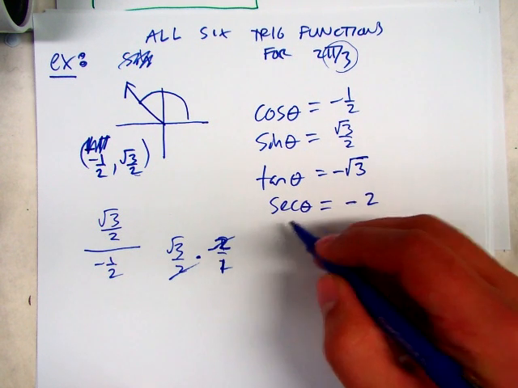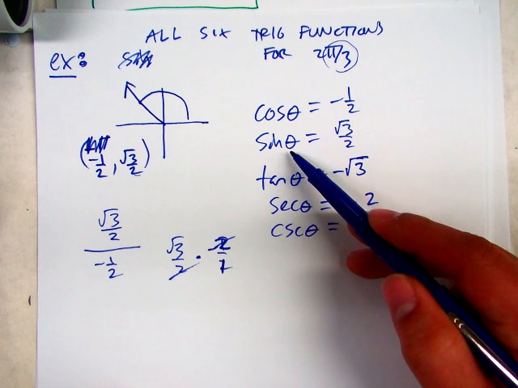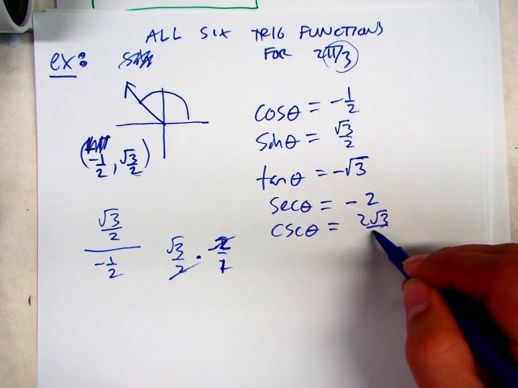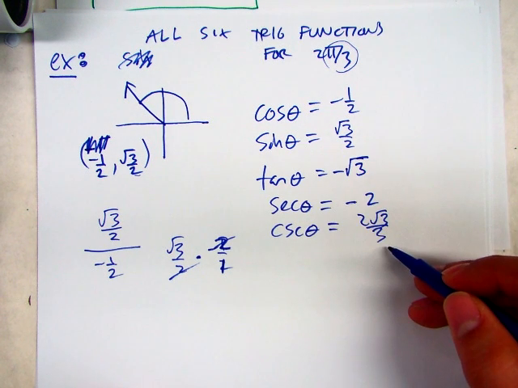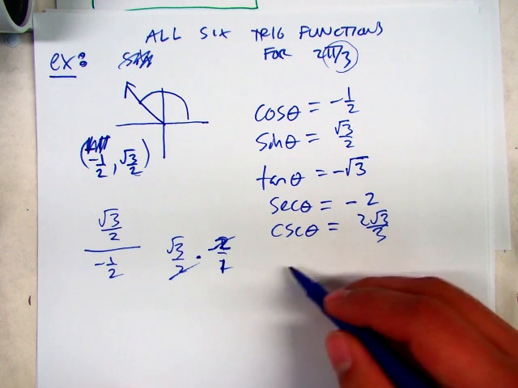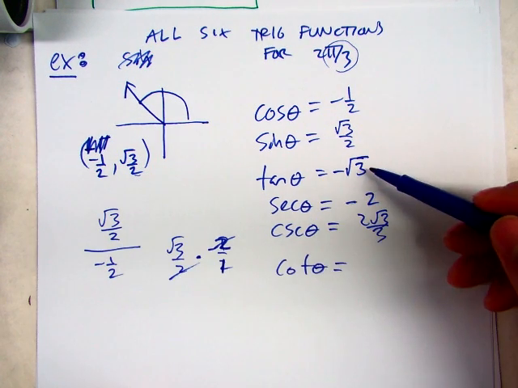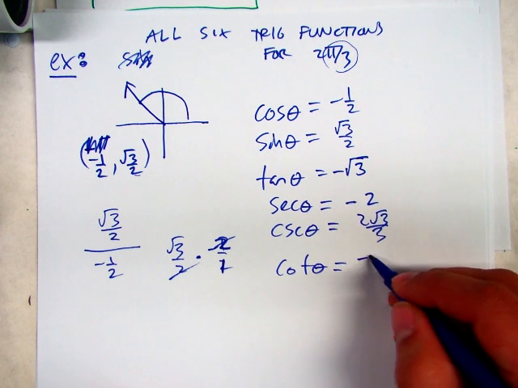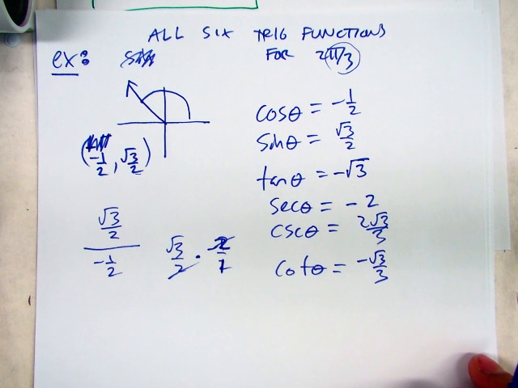Cosecant is the reciprocal of sine, so it's 2 over root 3, and then clean up the denominator: 2 root 3 over 3. And then cotangent, either look at the coordinates or do the reciprocal of your tangent value. So that'll be negative 1 over root 3 or negative root 3 over 3. Do you guys see how this is working now?